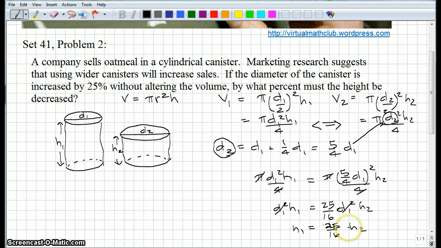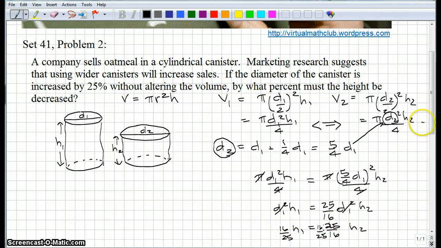But we want to know the decrease in the height that's required to maintain the volume. And so we really want to know what's H2 in terms of H1. We can get that easily if we multiply by 16/25 and do the same thing to both sides.